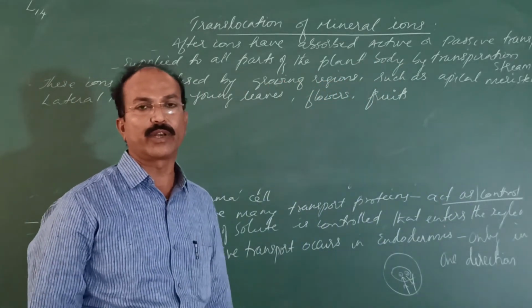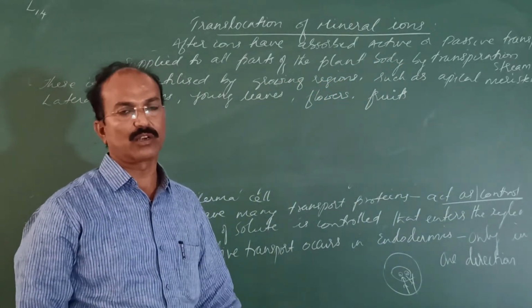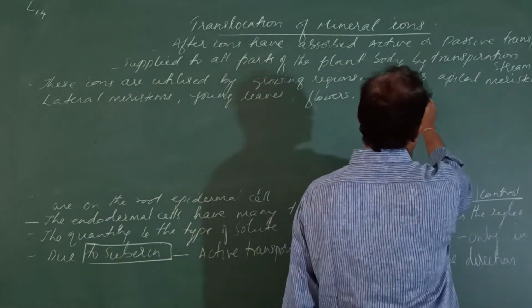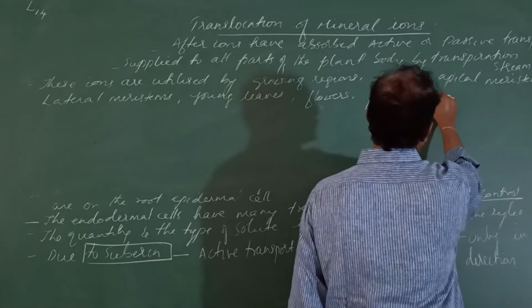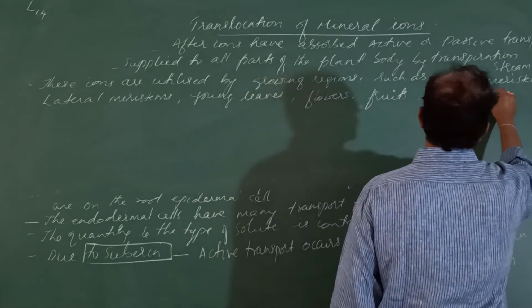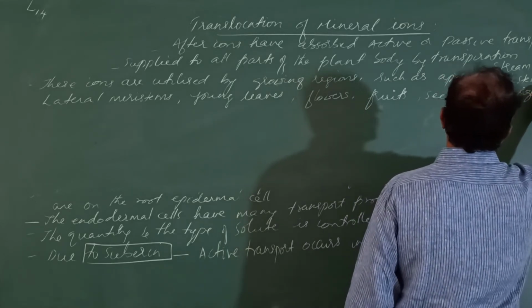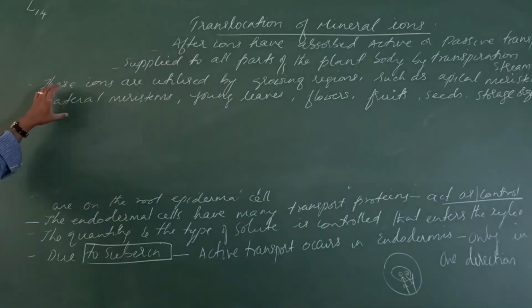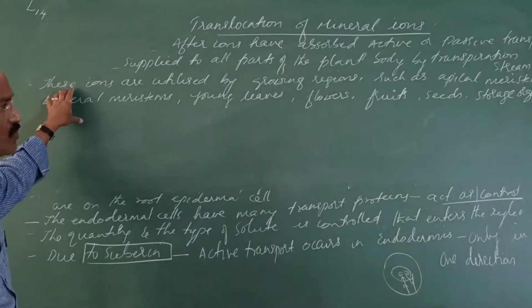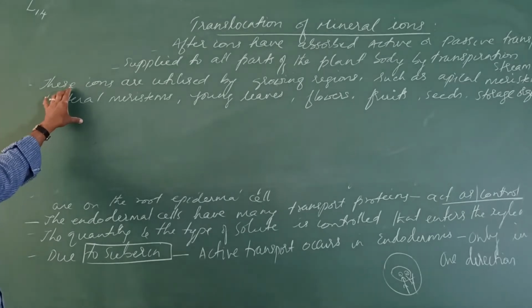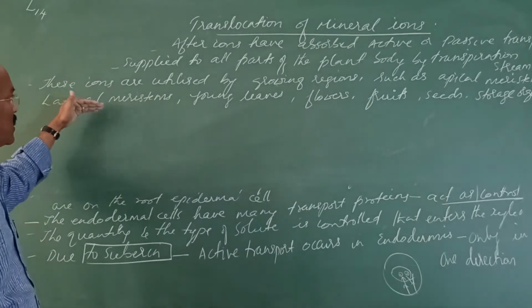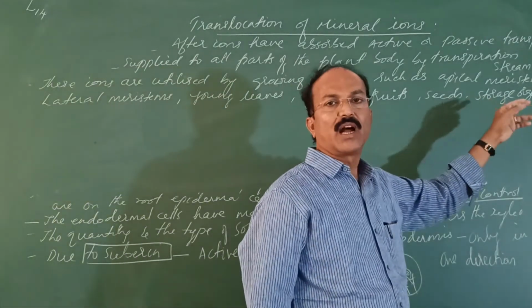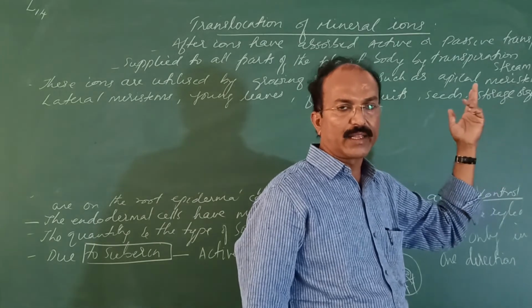Within the fruit many nutrients are present, so the ions are required for the formation of flowers, fruits, seeds, and also storage organs. After transportation, the ions go to all these parts: apical meristem, lateral meristem, young leaves, flowers, fruits, seeds, and much of them are stored in the storage organs.